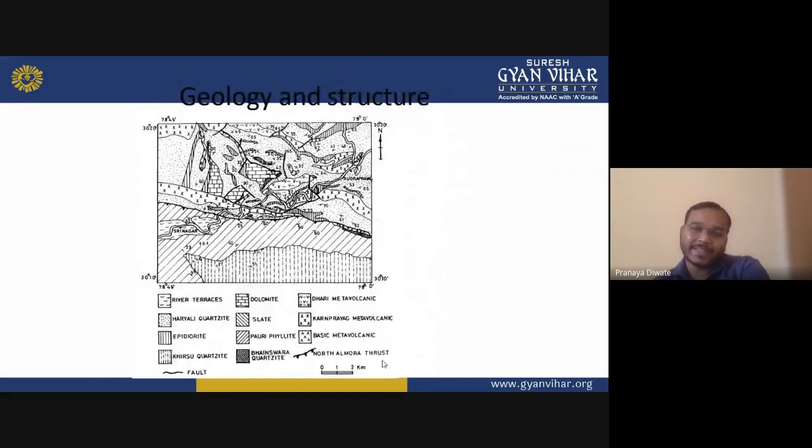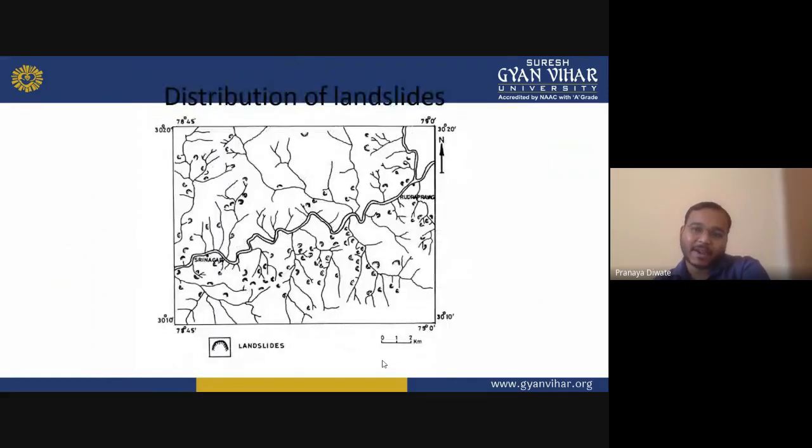You can easily see this data, with Rudraprayag and Srinagar here. The valley may be the Gangotri Valley or maybe the Alaknanda Valley.